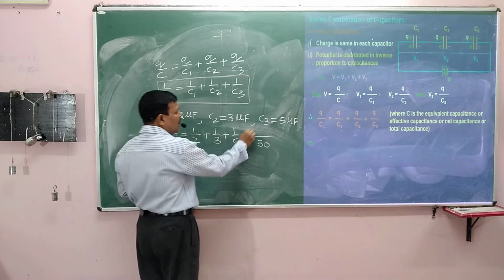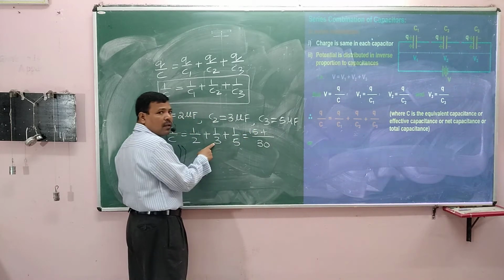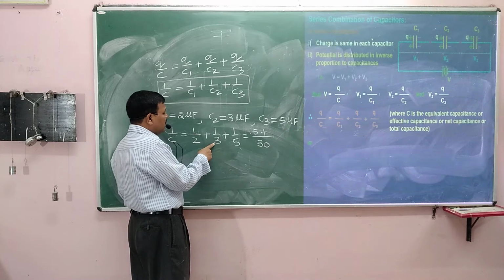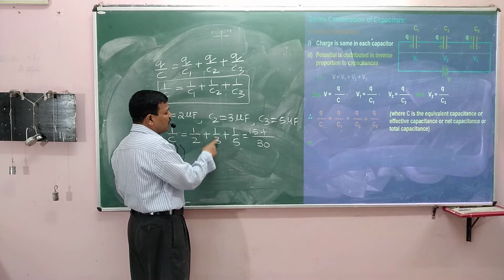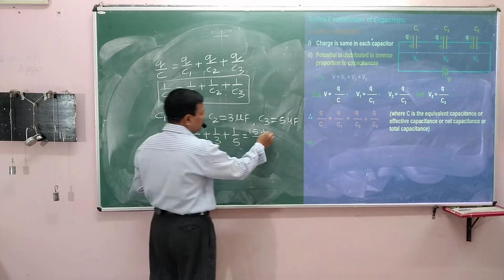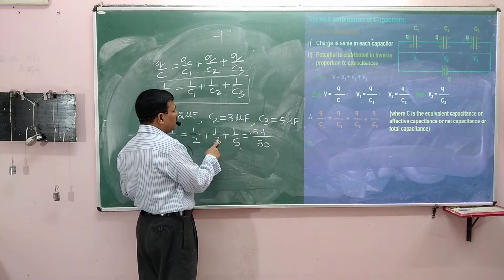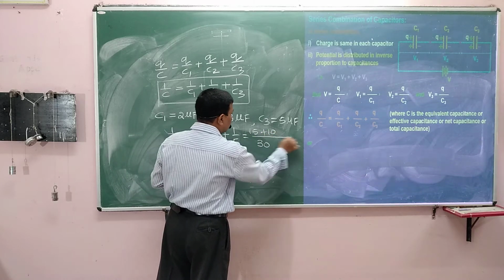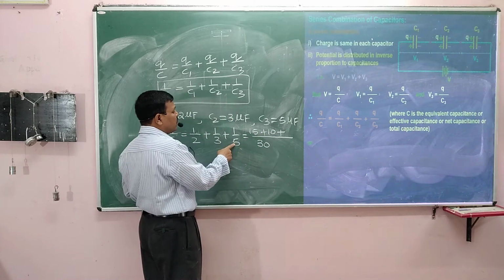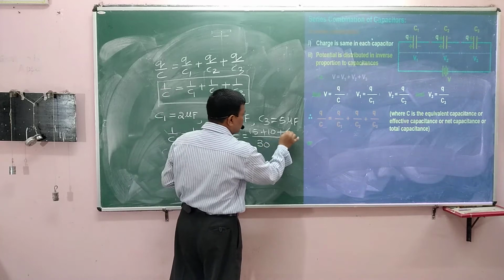2 15s are 30, 3 10s are 30, 5 6s are 30.